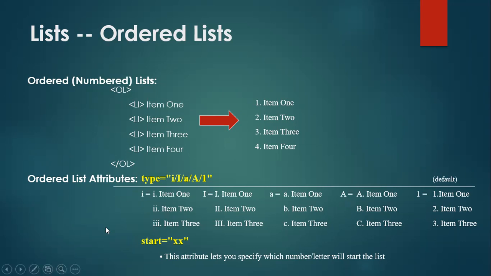Clear? But sometimes we need to start the list with some specific value, not starting with the default 1, 2, 3 in ascending order. If we need to start from a specific value, like here the numbers start with 1, 2, 3, and if we need to start the value of the first item with 122, then we will specify the start attribute.